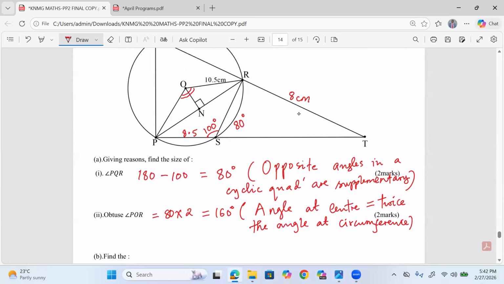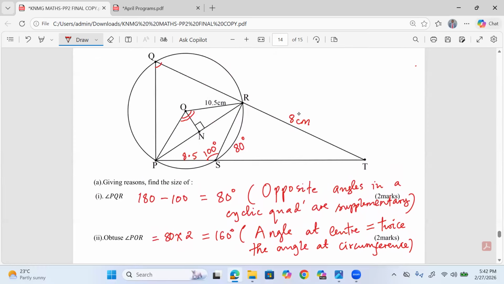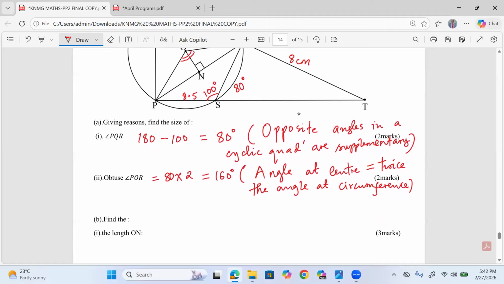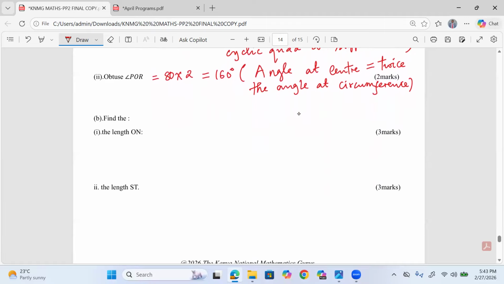Because we said this is 80, then the angle at the center, because they are both subtended by the same chord PR, one at the center of a circle, the other at the circumference, you discover that the one at the center is twice the one at the circumference.